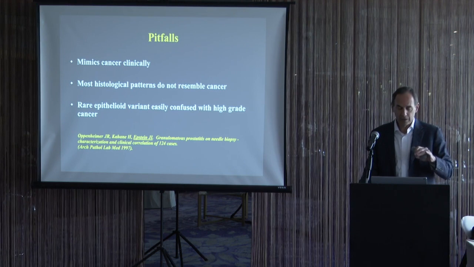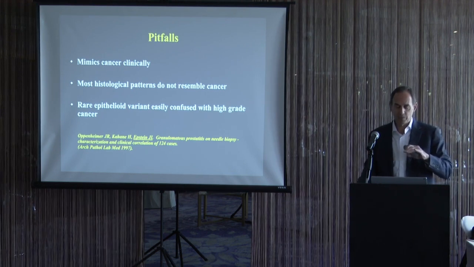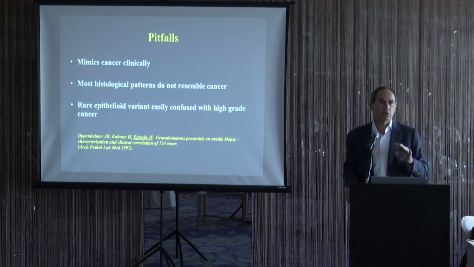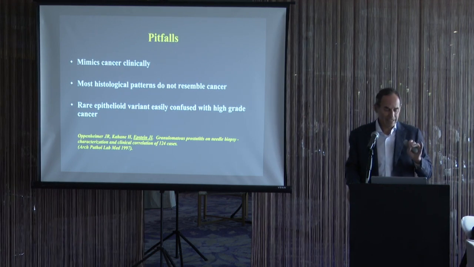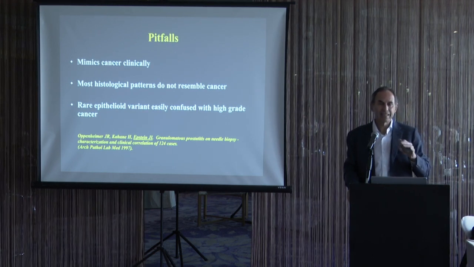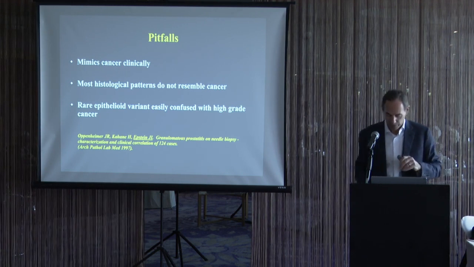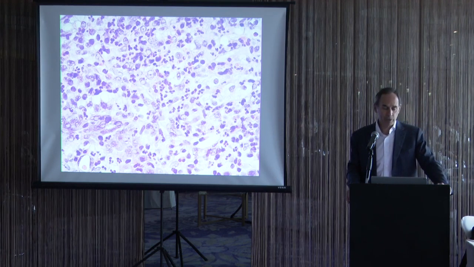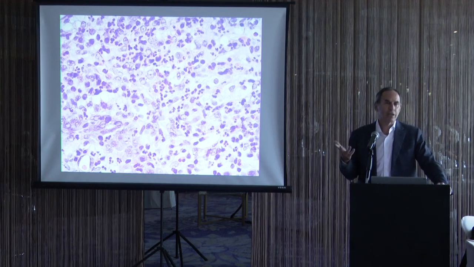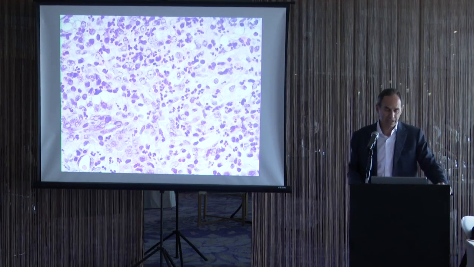The other pitfall is that most types of nonspecific granulomatous prostatitis do not look like cancer, and I'll show you examples of that. But there is this rare epithelioid variant that we described that does look like cancer that you have to be aware of. Most cases of nonspecific granulomatous prostatitis don't even look that granulomatous, and it definitely doesn't look like cancer.